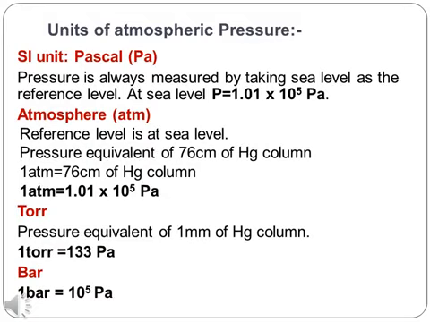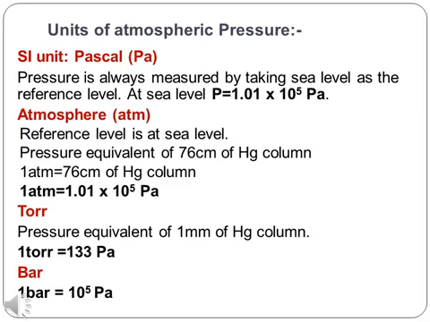Let us see what the units of atmospheric pressure are. The SI unit is Pascal. Since pressure is always measured by taking sea level as the reference level, atmospheric pressure at sea level will be equal to 1.01 into 10 to the power of 5 Pascal.